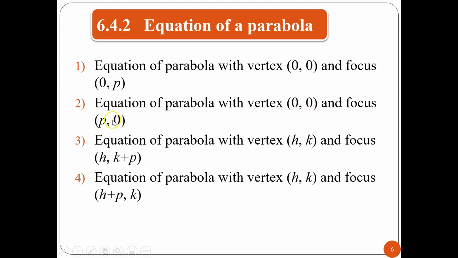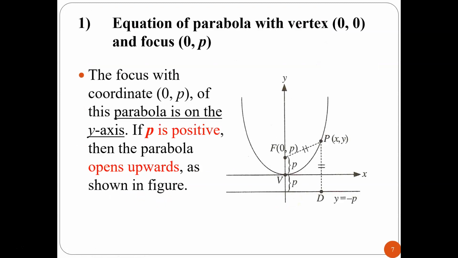Now p is on the x-axis, whereas just now p was on the y-axis. And then the equation of a parabola with vertex (h, k). So now the vertex is no longer (0, 0). It becomes (h, k), and the focus becomes (h, k + p), and so on. So let's discover one by one.